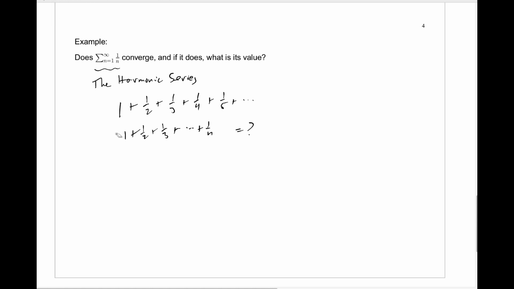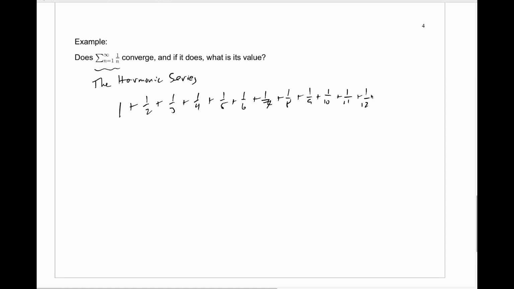So I'm just going to erase this part here. And I want to draw a few more things here, like 1/6 plus 1/7, 1/7 plus 1/8 plus 1/9 plus 1/10 plus 1/11 plus 1/12. You might wonder, why am I writing out so many?